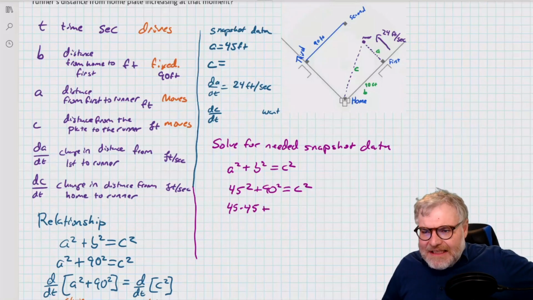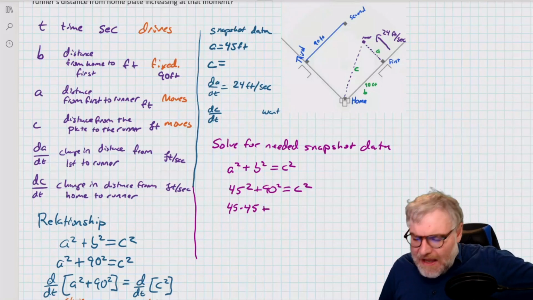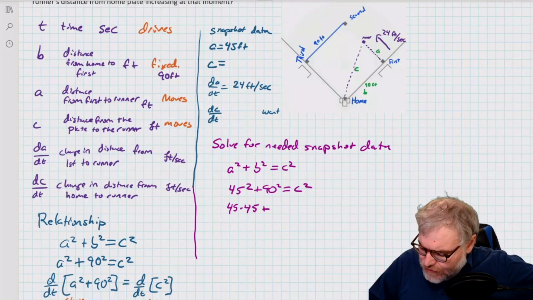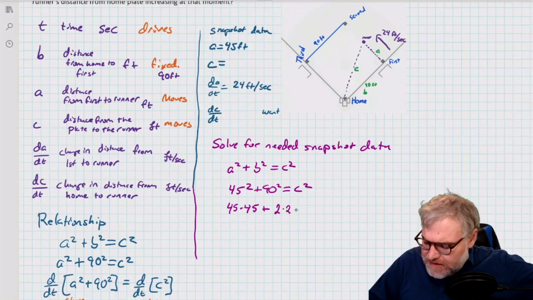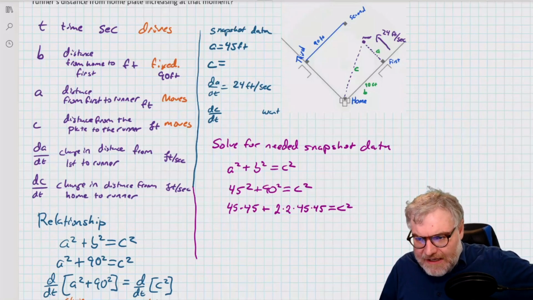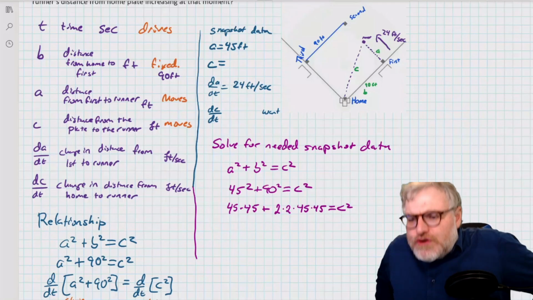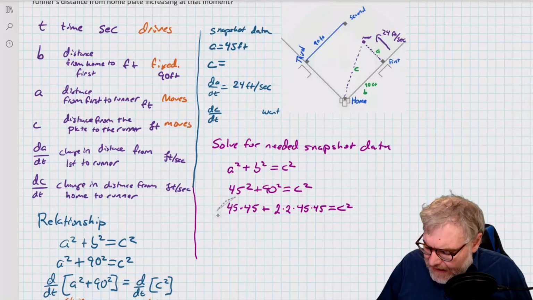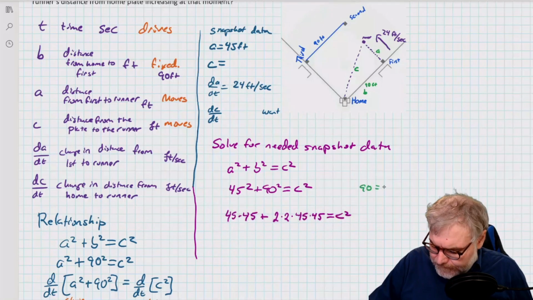Now 90 is 2 times 45, so this is 90 times 90. That means this is 2 times 2 times 45 times 45. Each of these 90s is 2 times 45, so when I square it, I'm going to have two 2s, and then a 45 times a 45.